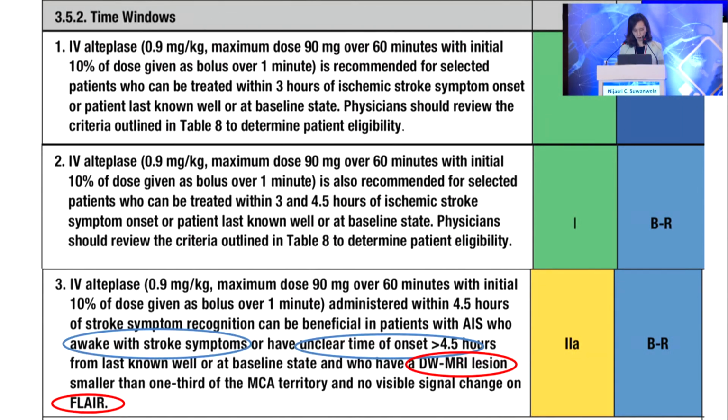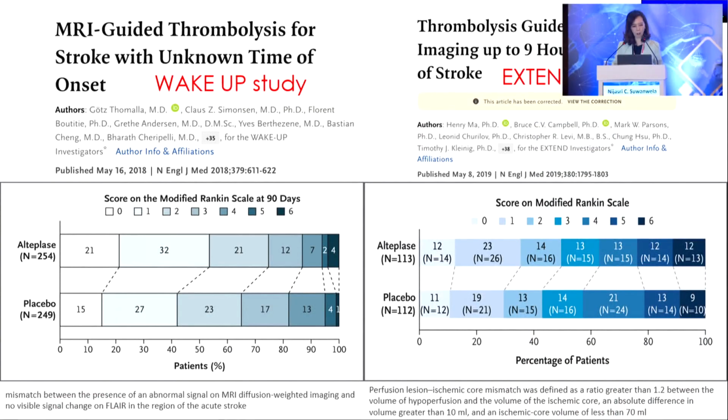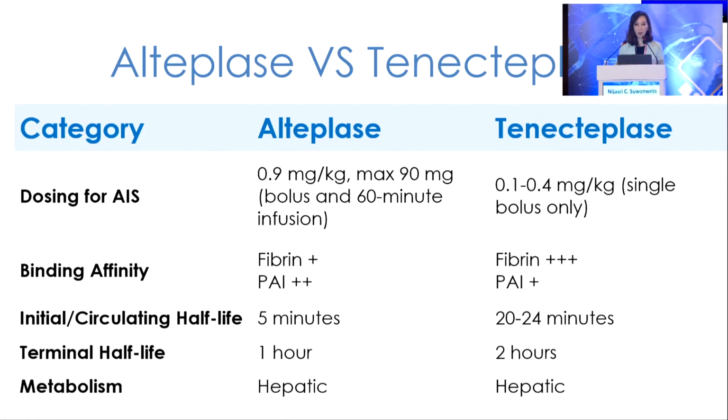For the ones coming with wake-up stroke, already covered, these are the two studies, WAKE-UP and EXTEND, where they use imaging to define patients who will be responsive to the treatment.